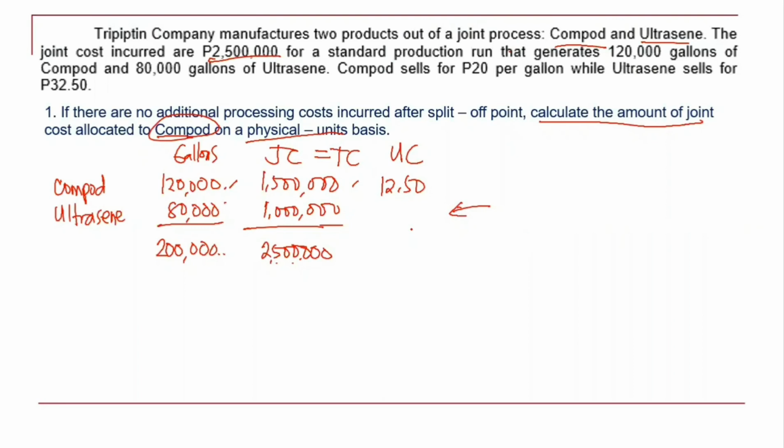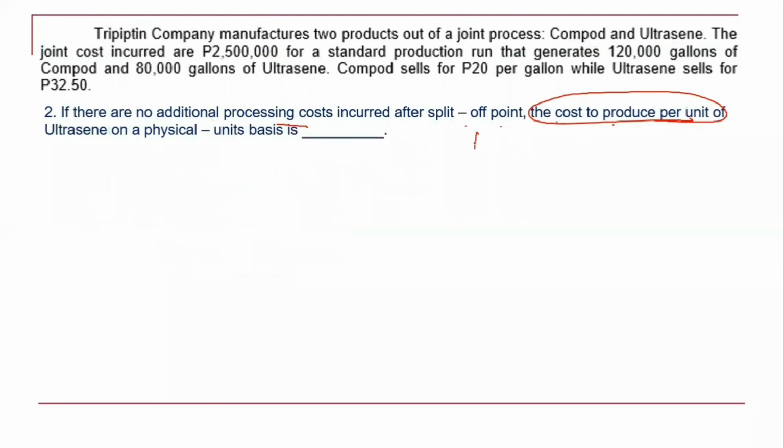So that would be 1 million divided by 80,000, 12.5. Bakit parehas? Kasi based on units po tayo. So ang sagot sa number 1, 1.5 million kasi amount of joint costs allocated. Ang sagot sa number 2, it's 12.50 per gallon. Okay, so that's number 2.